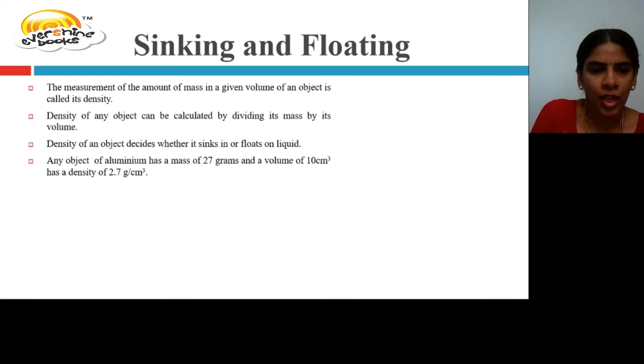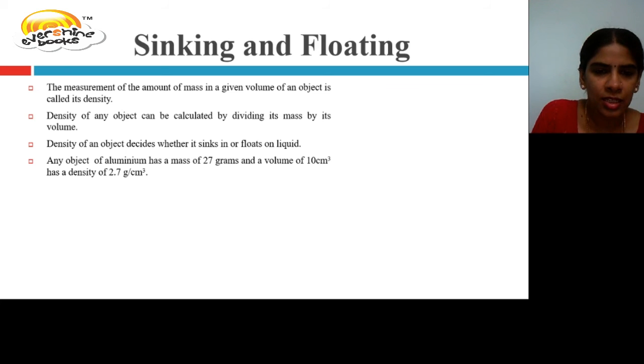Any object of aluminium having the mass of 27 grams and a volume of 10 centimeter cube will have the density, mass by volume, that is 2.7 gram per centimeter cube.